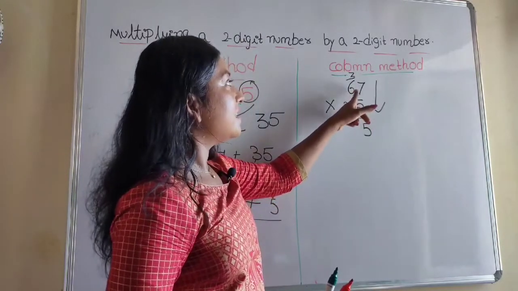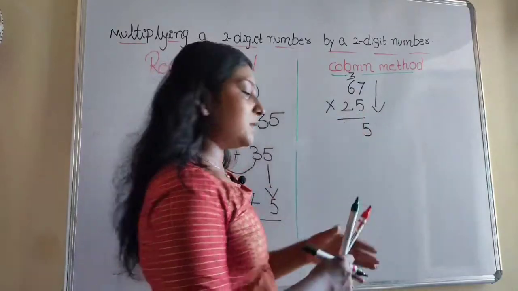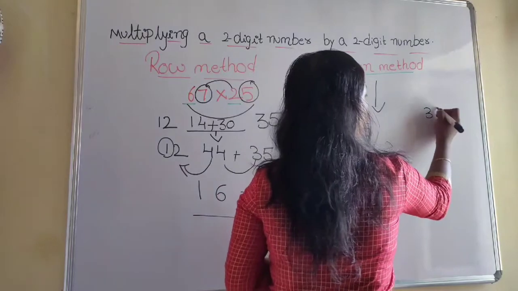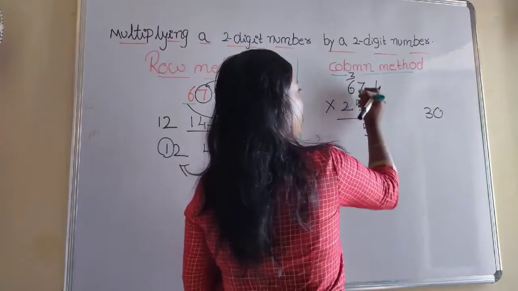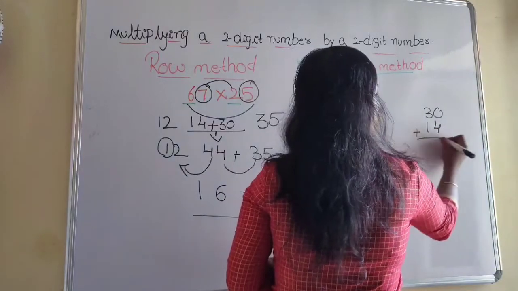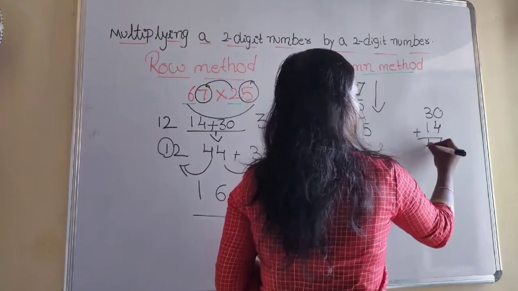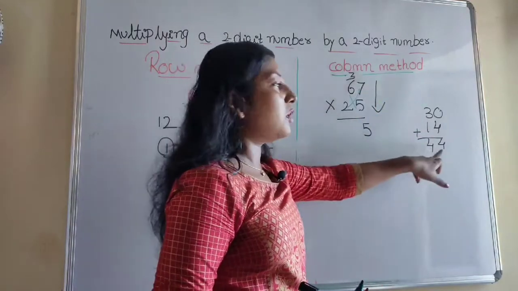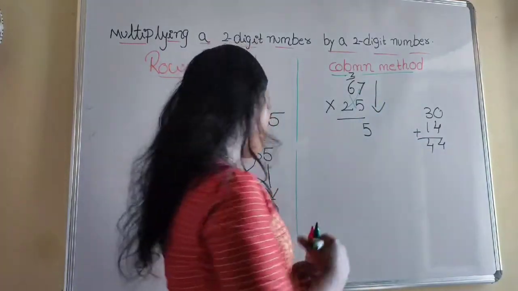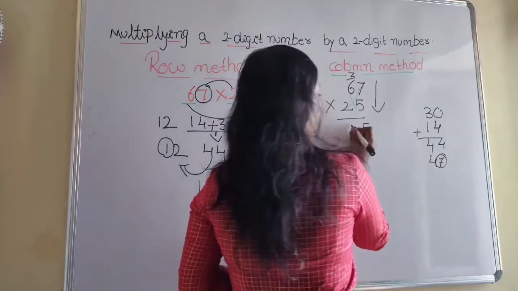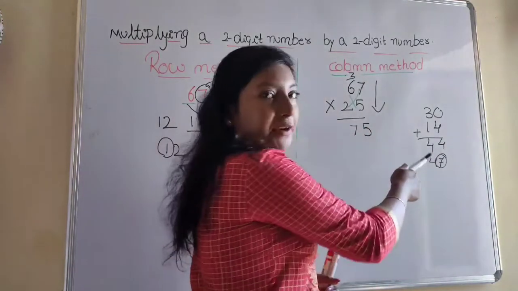Next, doing cross multiplication. 6 into 5 gives 30 and 7 into 2 gives 14. Start adding this. We get 44. And already we have the carryover. 44 plus 3, which gives 47. And get this 7 here and the carryover at the top.